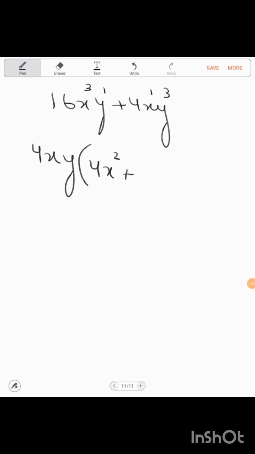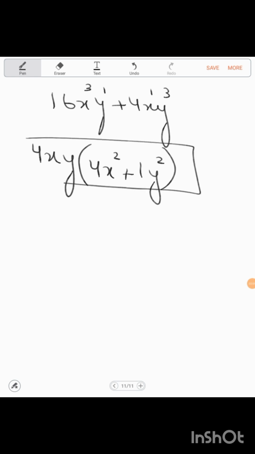Now a positive sign, then 4 times 1 is 4. Now if you have taken 1x outside, out of 1x you are left with no x inside the brackets for the second term. And if you have taken 1y outside, out of y cube, you are left with y square. So your final answer is going to be this. So this is how you have factorized.